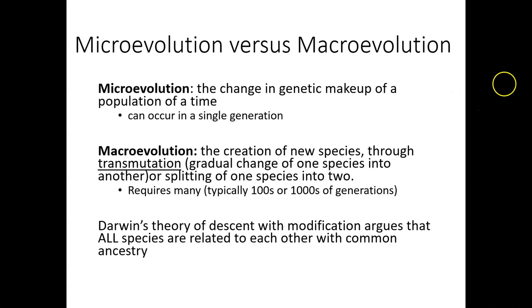Macroevolution typically is a much larger scale type of evolution than microevolution, occurring over very long periods of time. Darwin's theory of descent with modification argues that through a series of microevolution and eventually macroevolution, all species are related to each other through common ancestry.